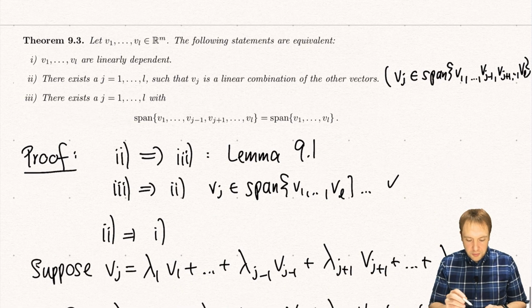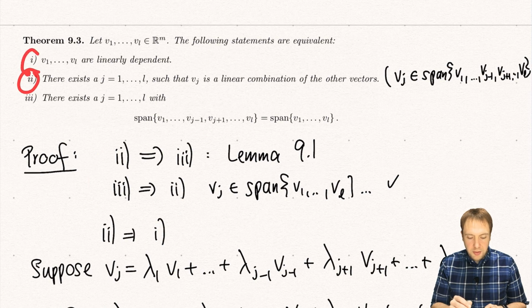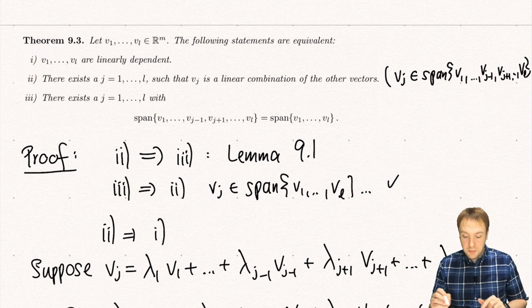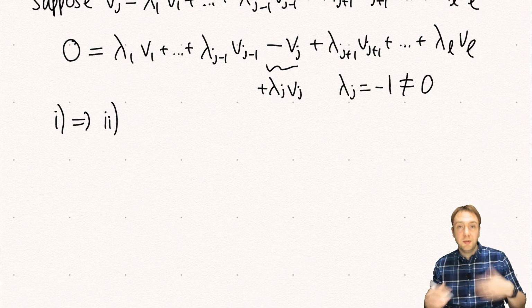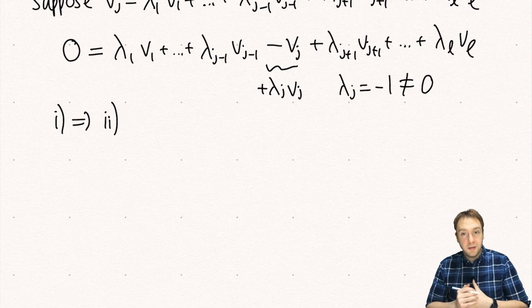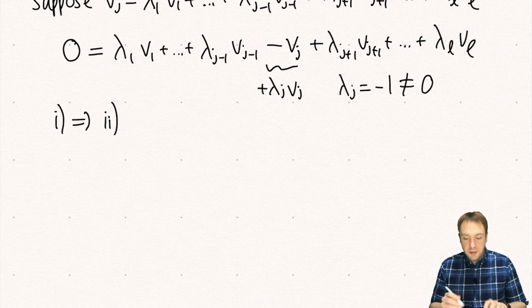Here we already know 2 and 3 are equivalent, and we showed that 2 implies 1. So we just need to show that 1 also implies 2. For 1 implying 2, we assume they are linearly dependent and want to show that one of these vectors can be written as a linear combination of the others.